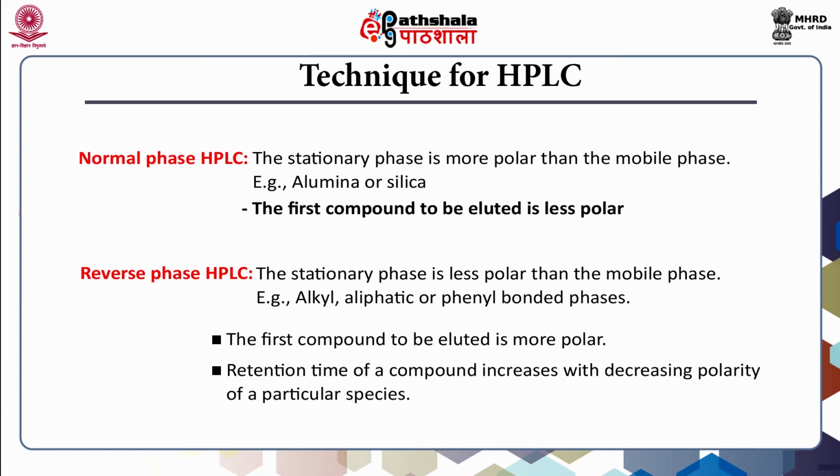That means the more polar compound will come first, its retention time is less, and the less polar compound will come last. That means its retention time in the column is for a long time.